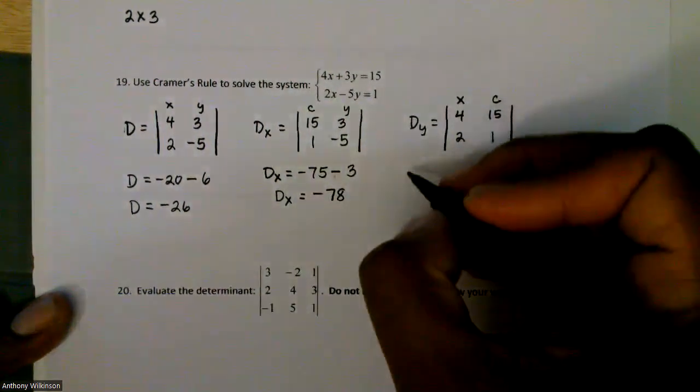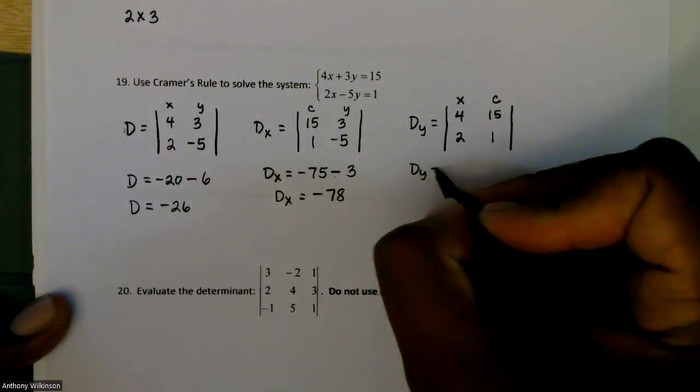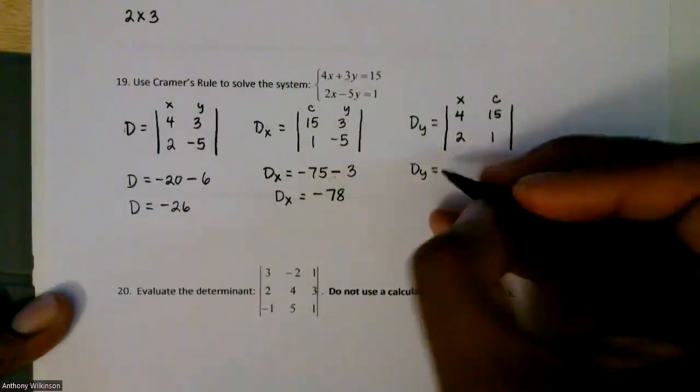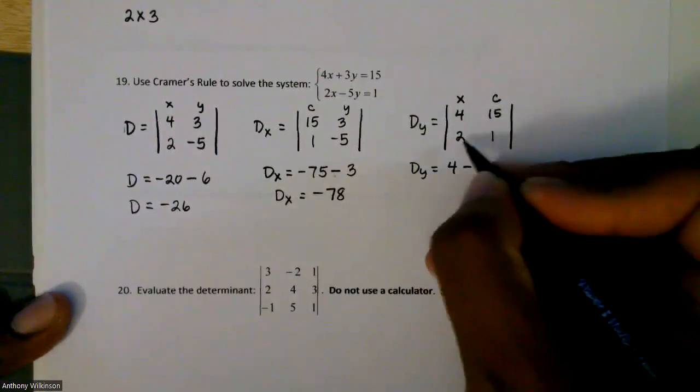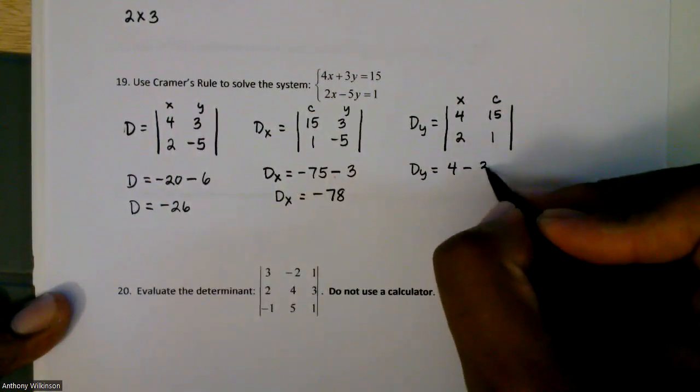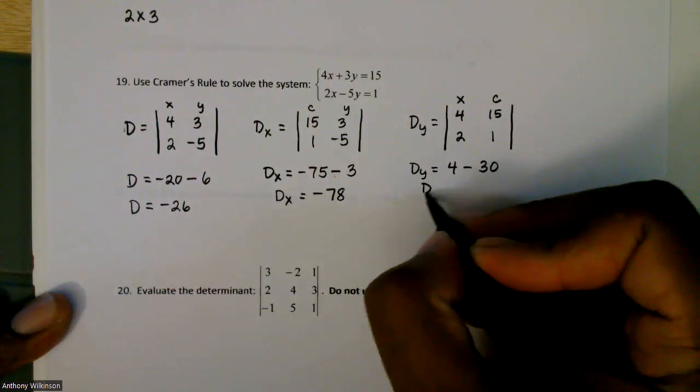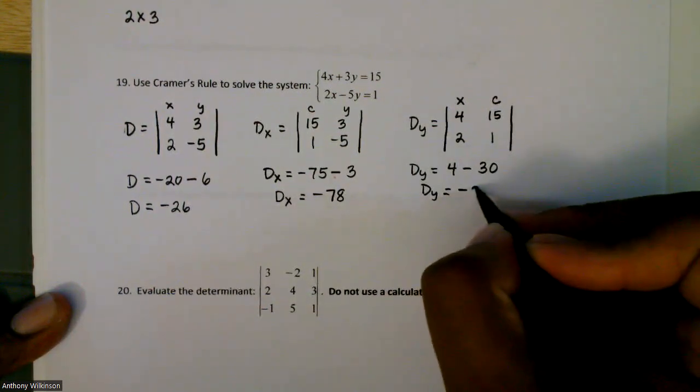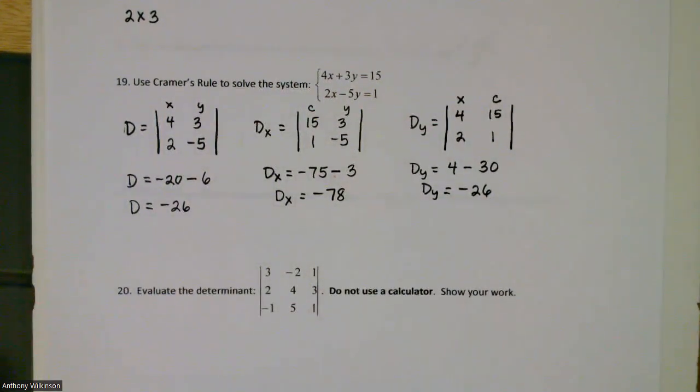And then for d sub y, this will be 4 times 1, which is 4, minus 2 times 15, that's going to be 30. And then 4 minus 30 will be -26. So I have d sub x, and d sub y.